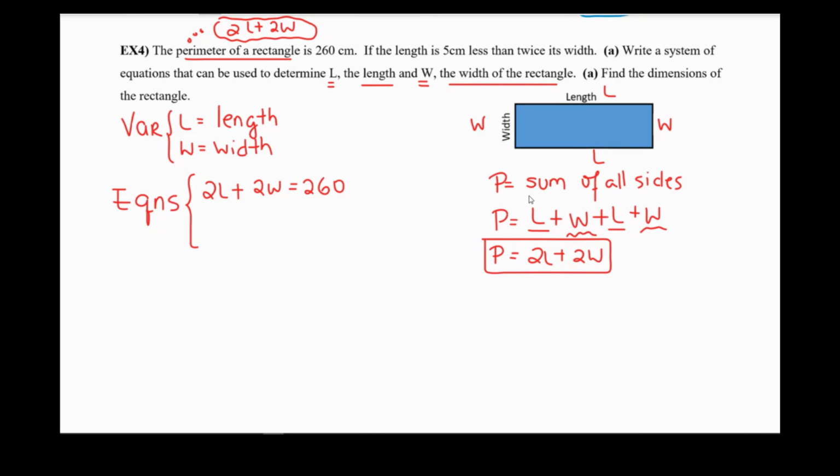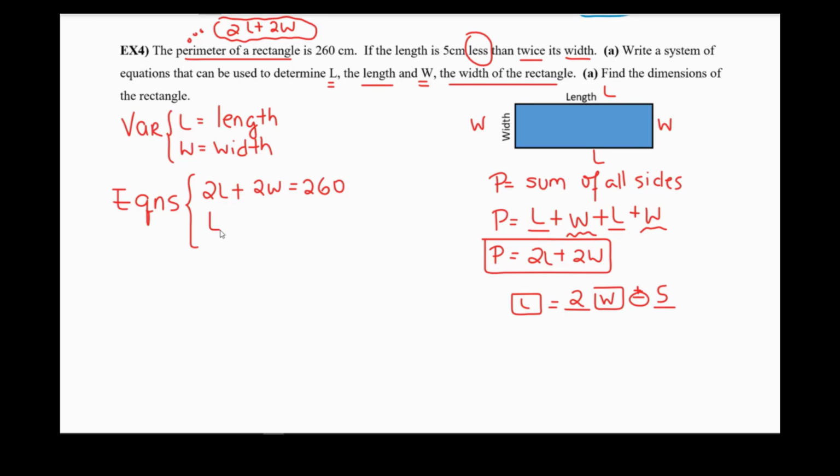My second equation, I'm going to use my formula, and it says the length, so the first variable is L, is 5 less than twice the width. So I have twice, which will be my multiplier, and I have width as my second variable, and then I have less, which means minus, and we have the number 5.